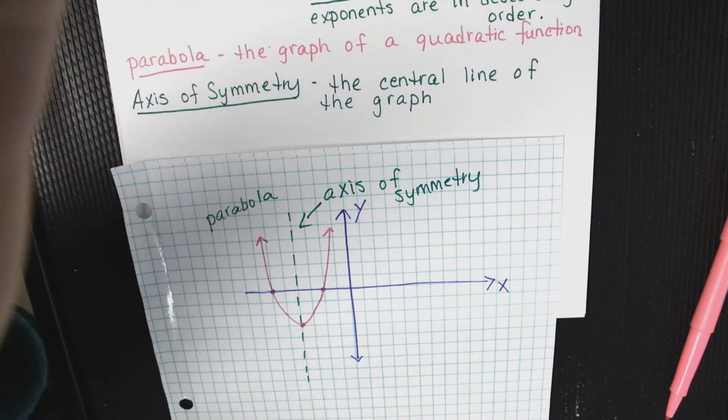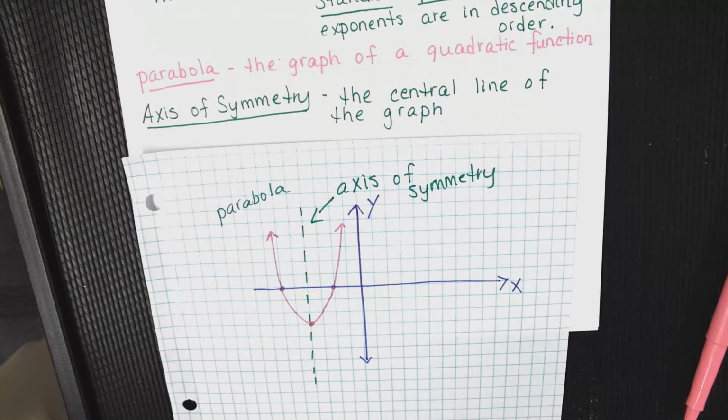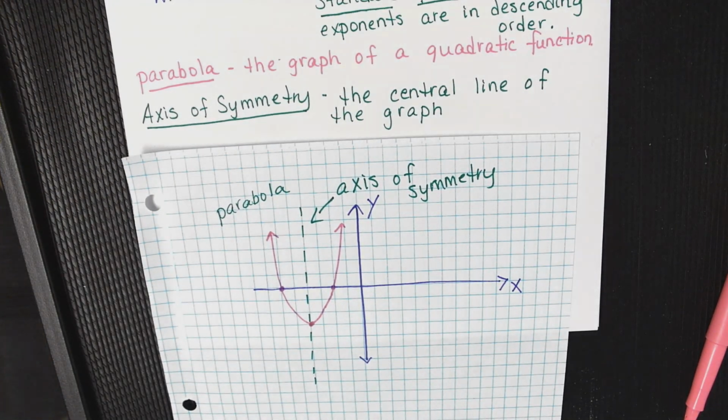So basically, if I folded this graph this way on that dotted line, that's my line of symmetry. Probably the most important thing you're going to learn today. Very important, and it's really helpful. You'll see.